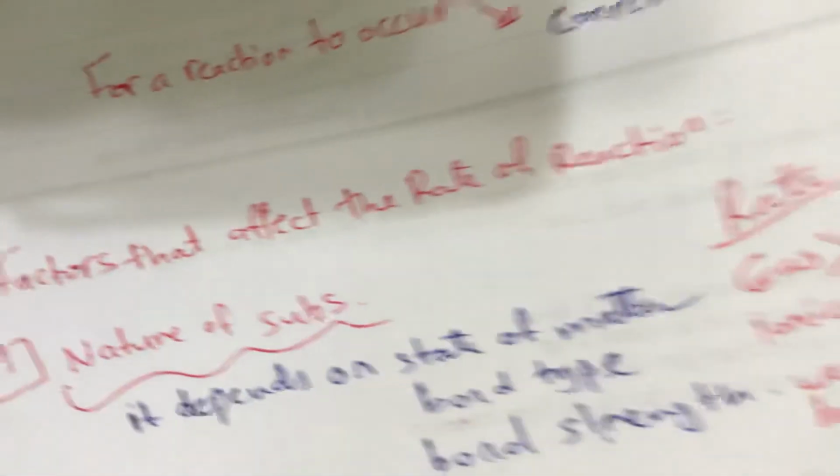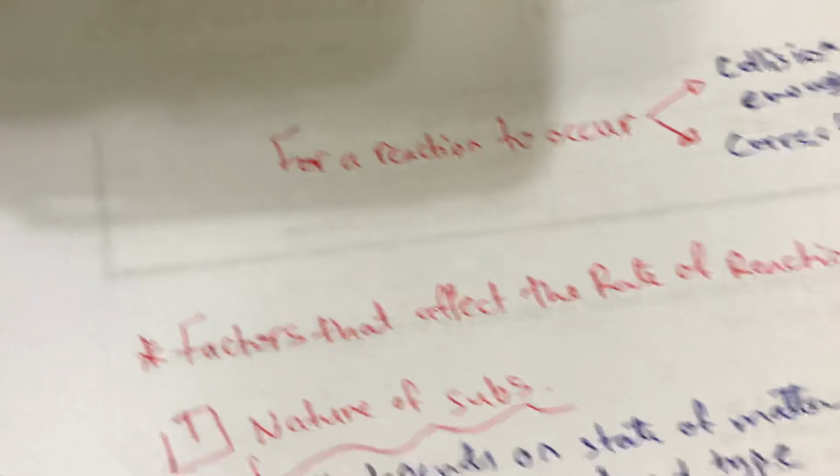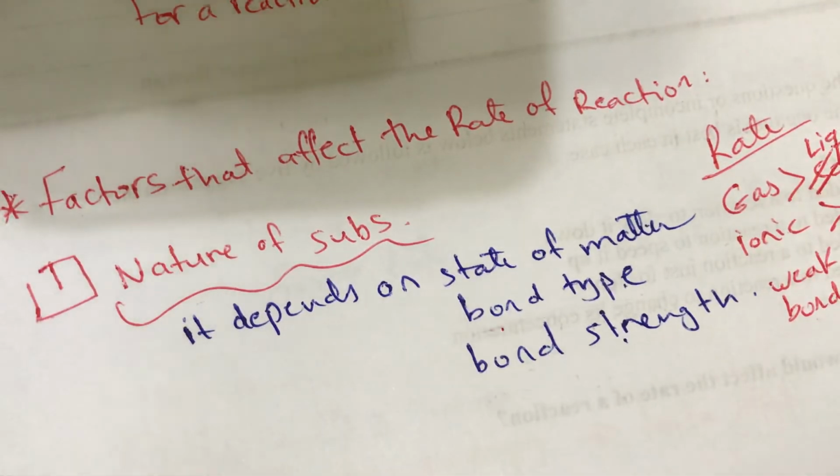Now, what about the second condition? So the first one, nature of substance. The second one is temperature. What is the effect of temperature on the rate of reactions?